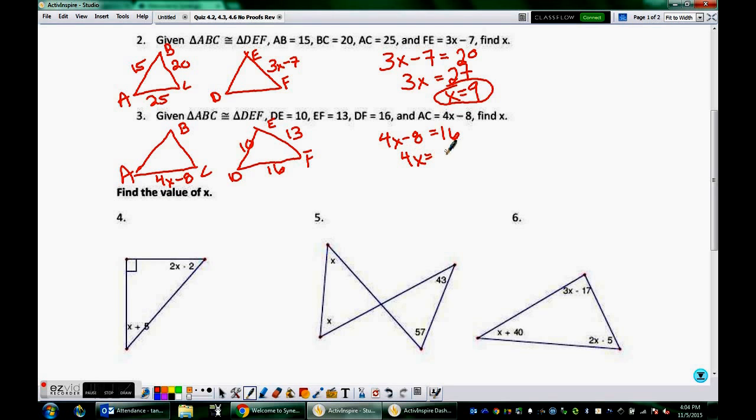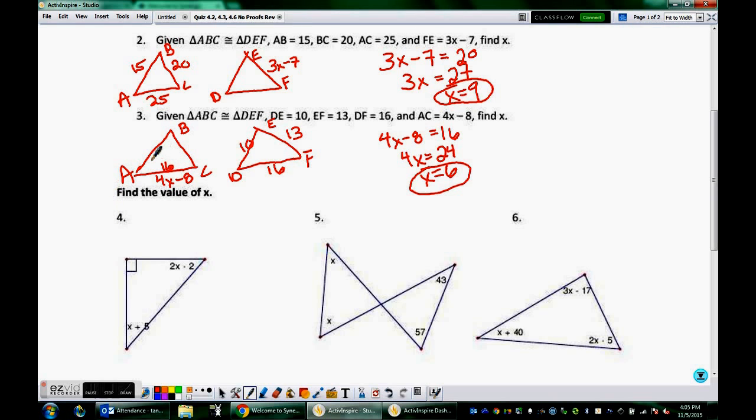So I've got 4x minus 8 equals 16. So 4x is going to be 24, and x is going to be 6. If I wanted to check my work, I would plug my x back in to AC here. I should have 4 times 6 is 24, minus the 8 gets me to 16. So AC is 16, and it should match DF because we set them equal to each other. So make sure you're checking your work on these.